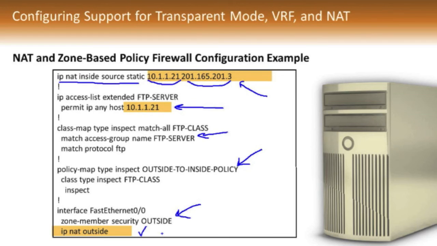Not shown here, obviously, is the zone pair and the application of the policy map to the zone pair, but I just showed the portion of the configuration that we care about, right? And that is, as is highlighted, this being the big portion. We reference in our zone-based firewall configuration the actual or local IP address in the NAT scenario.